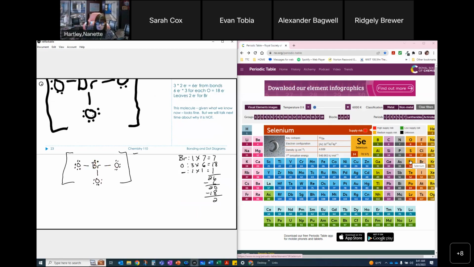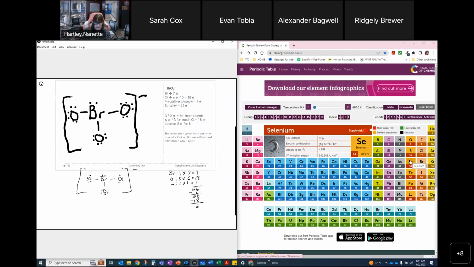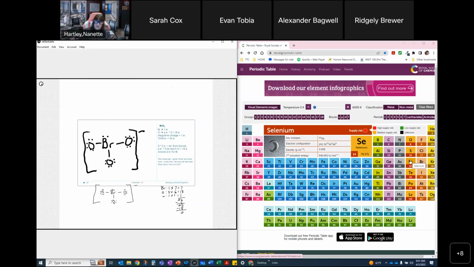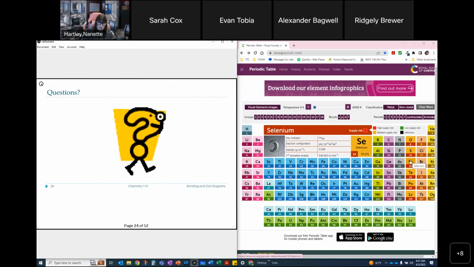Now, given what I know at this point, this looks fine to me, right? I have no reason to think that this isn't fine. But I'll tell you right now, it's not fine. And that's because we haven't taken everything into account yet. We had to get this far to be able to talk about this part of it. But let's talk about the next part. Are there any questions about how I got where I am?